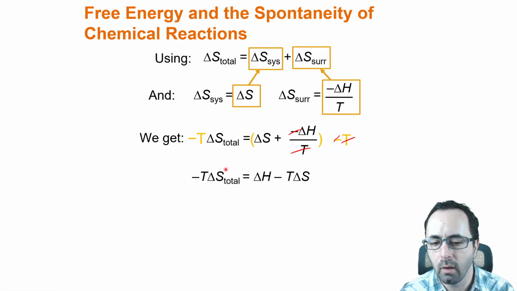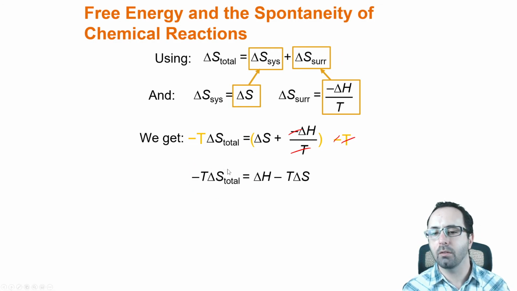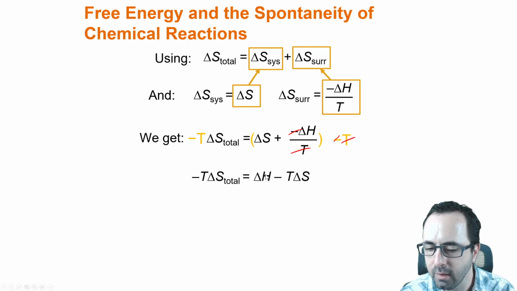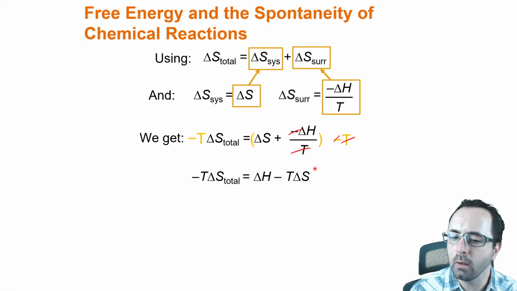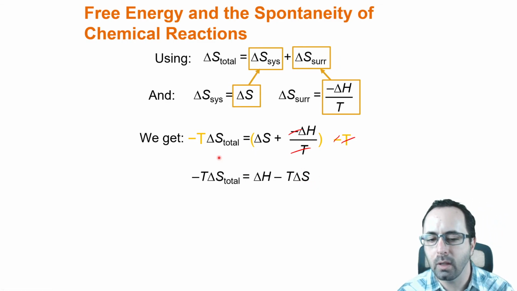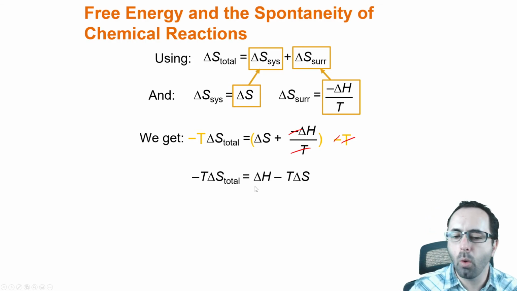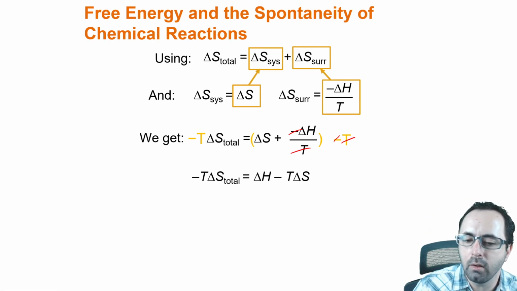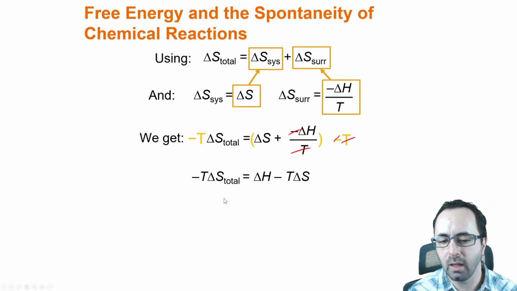And then again, measuring delta S total or delta S surroundings is really hard, but measuring delta H for the system, that's something we can do. Measuring delta S for the system, that's something we can do. And that will get us this quantity negative T times delta S total. We're going to give this a special name now.